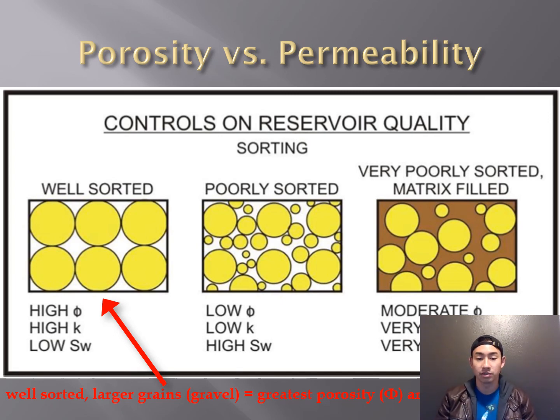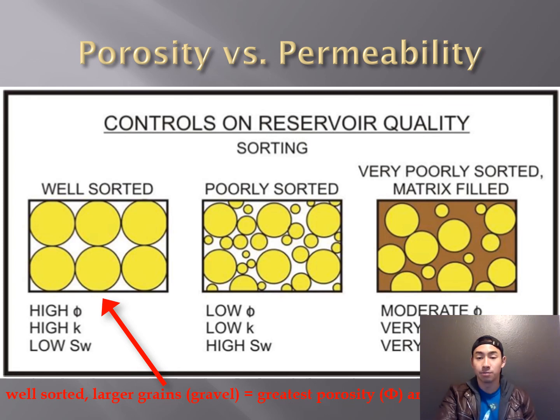Something that's poorly sorted, so we have different size grains, we start to lose porosity and permeability because now we fill the void spaces between the larger grains with smaller pieces. That restricts the flow of water and also takes up some of that empty space.